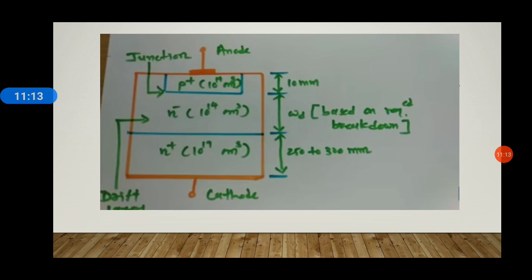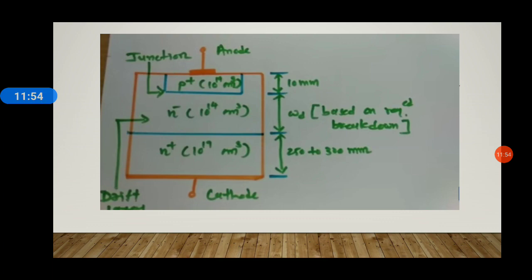That means, for the IV characteristics of a diode, the slope of the IV characteristics in the forward bias condition is 1 by R. Now, if resistivity is high, then the slope decreases. That is, if the width of the drift layer increases, then the on-state voltage drop increases. Therefore, power loss is more. The doping level of this drift layer is 10 to the power 14 per centimeter cube.